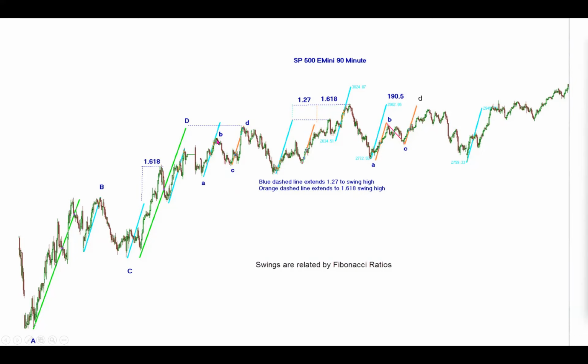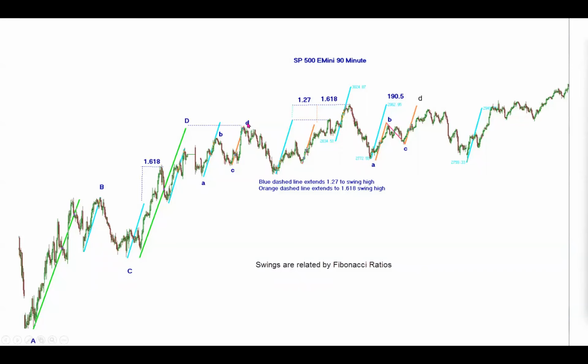So here's example one here, a retracement, and then back up, and that ends that swing. And then over here, the size of this blue one again, if we add the 1.27 extension ratio to it, it comes right in to this high. And this smaller one here, adding the 1.618, comes right into that high as well.